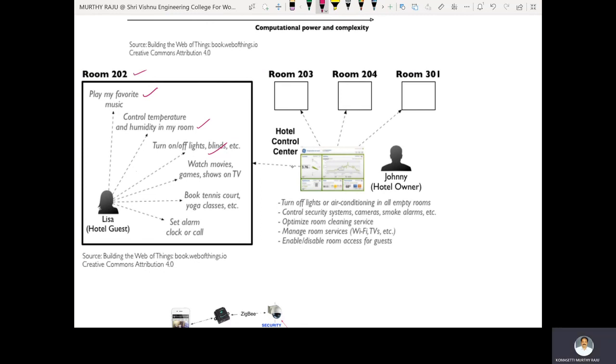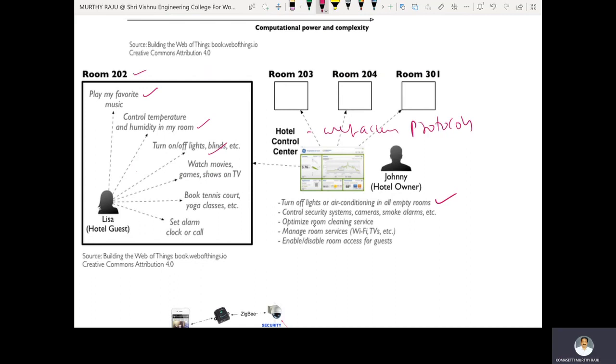Because in room 203 the lights are not switched off and he is far away, with the help of web apps and web access protocols he can turn off lights or air conditioning in all empty rooms. Suppose in one empty room the AC is not off, fans are continuously running and lights are on. With the help of WoT applications, he can perform these tasks.